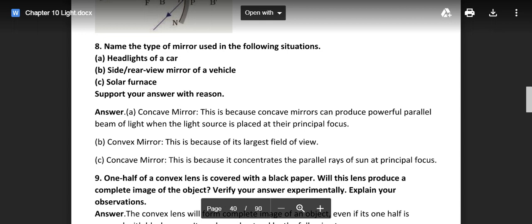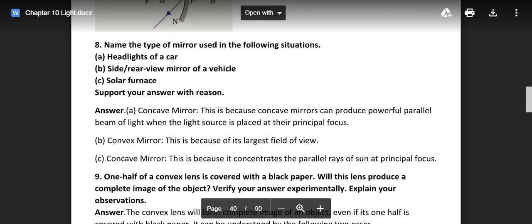Next is the side and rear view mirror of a vehicle. It is a convex mirror, because of the larger view; it spreads the light and we get a larger field of view. In a solar furnace we use a concave mirror because a concave mirror concentrates all the light rays at one point, right?